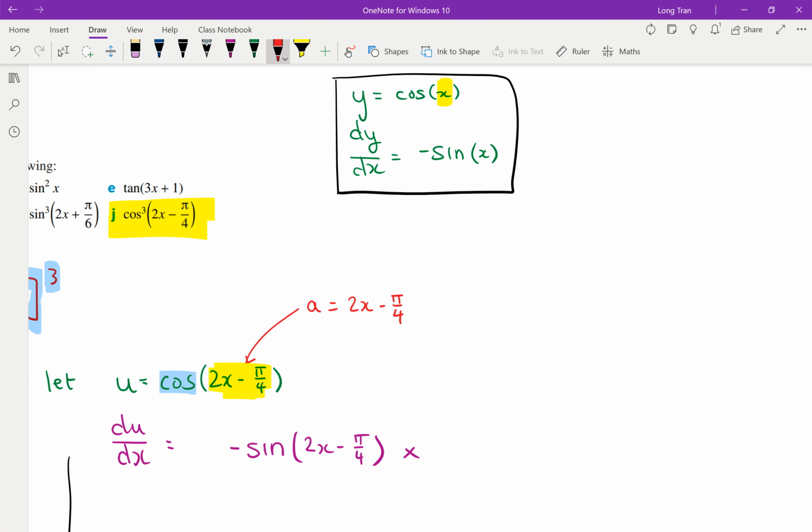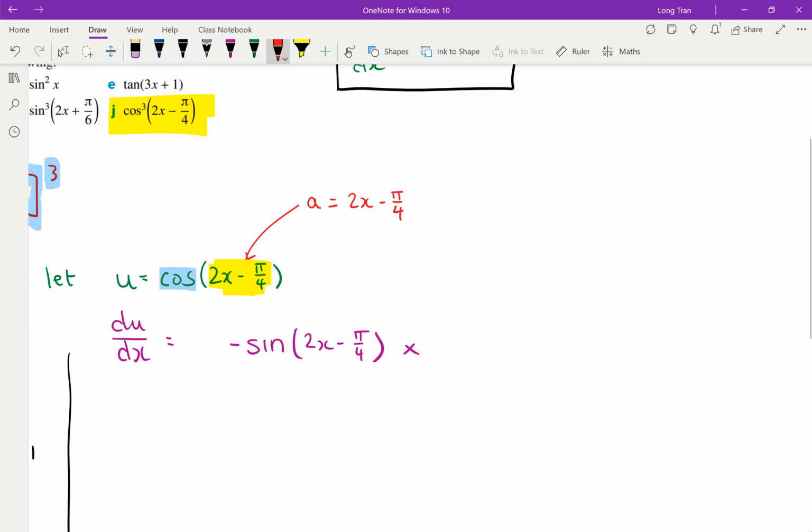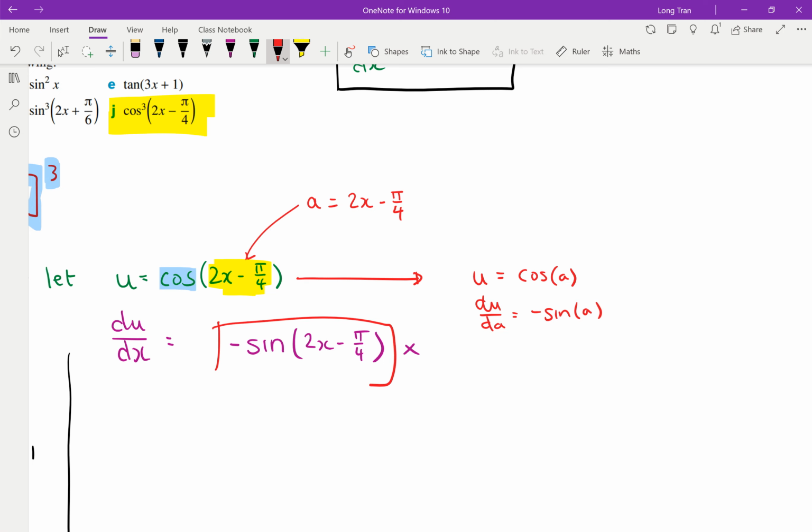That changes the problem. I hope I'm not confusing you, but essentially cos u is equal to cos a. That's why I know that du/da is equal to negative sine of whatever a is, and that's what I have here. True? Have a think about what I just said.